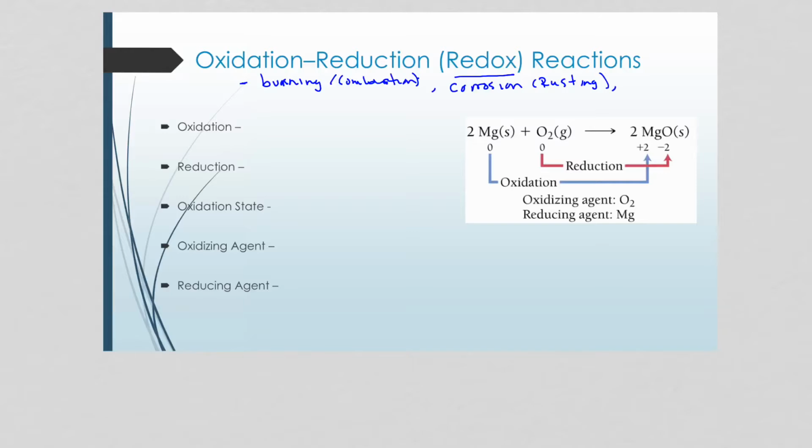We have energy production in the body. Consumption of glucose, or the conversion of glucose into energy in the human body, is a redox reaction.